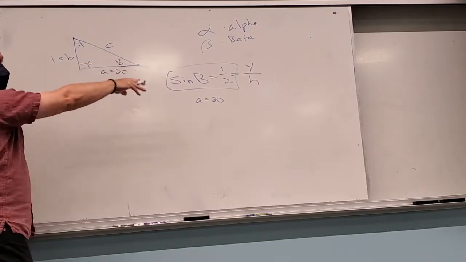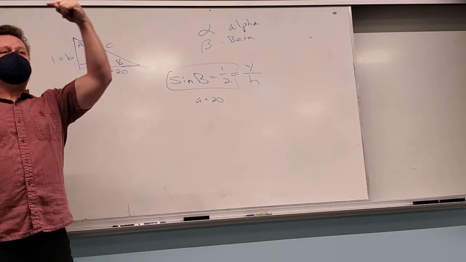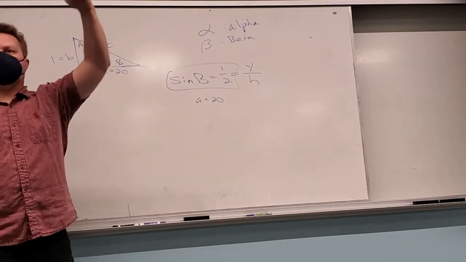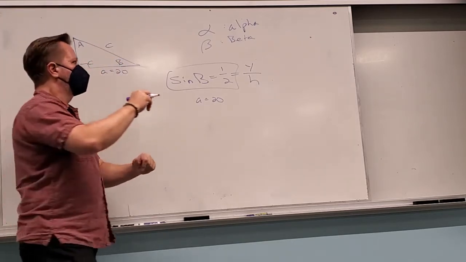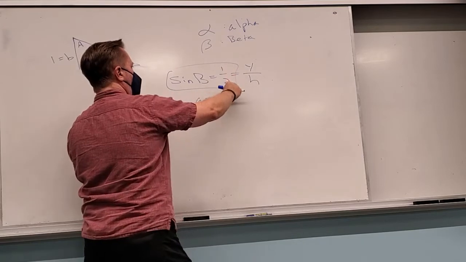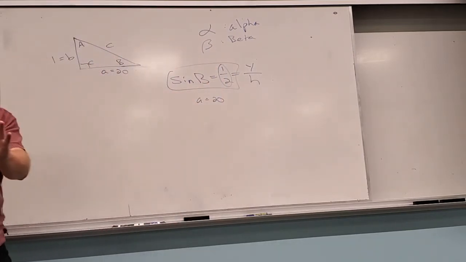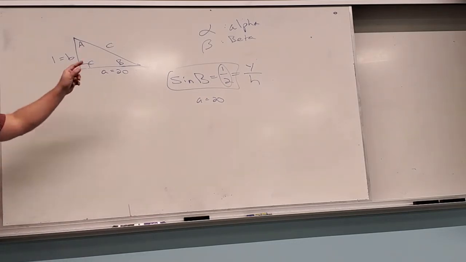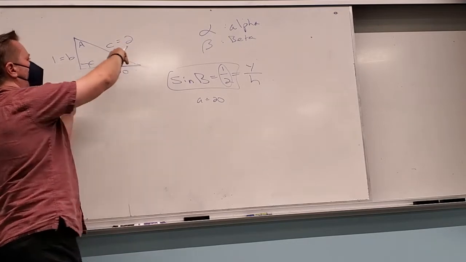The hypotenuse. Do you guys see that? If I tell you sine B is 1/2, well, sine is a ratio of sides of a triangle, so that's telling me the side lengths. Now, just to be really clear, it could be 2/4 or 3/6, but this is the reduced form, so that's what I'm going to use. It's y over hypotenuse. There, I know those sides.